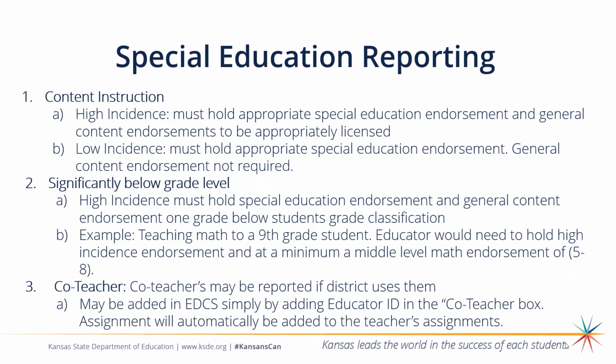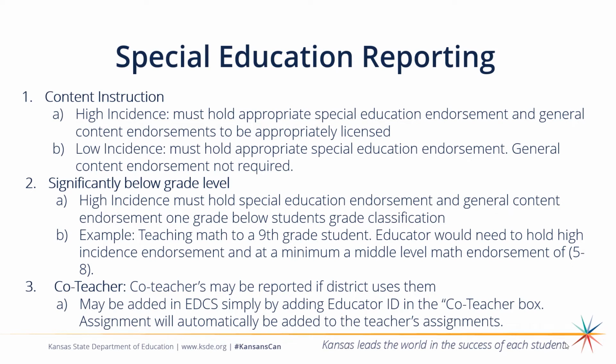Co-teachers, we discussed on the previous slide as well. When you're adding an assignment within EDCS, if you add that special education assignment to one of your teachers, there's a box where you can select for co-teacher. You check the box, and then you can enter in the co-teacher's educator ID.